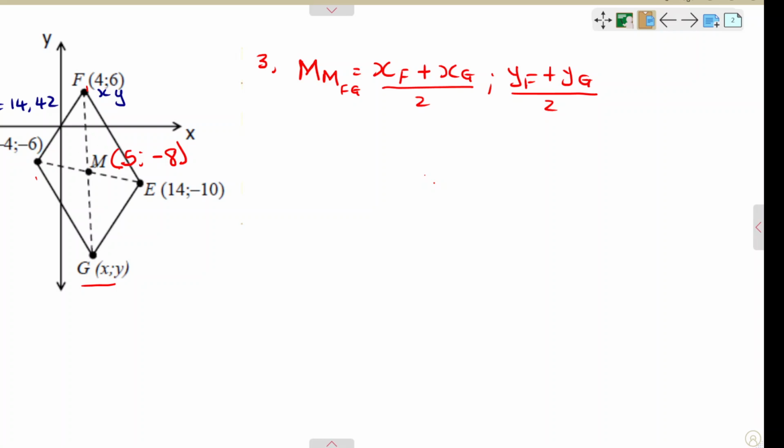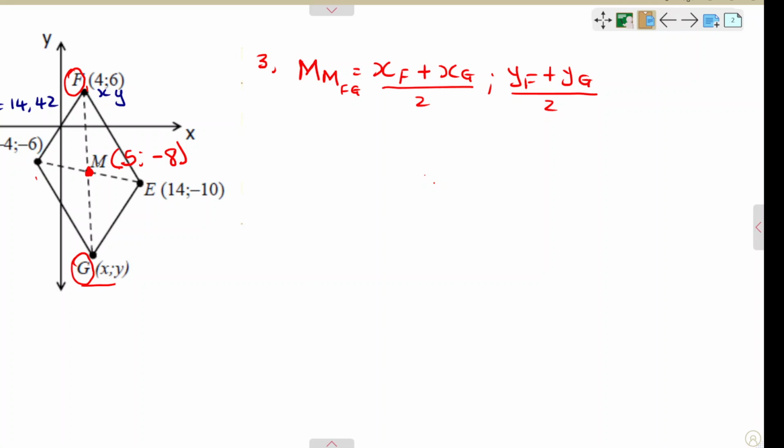M is still the midpoint of the line F and G. Now, I know the midpoint is 5 and negative 8. The x-coordinate is 5, the y-coordinate is negative 8. I know the x-coordinate of F is 4 and the y-coordinate is 6. But now I don't know the x-coordinate and the y-coordinate of G.